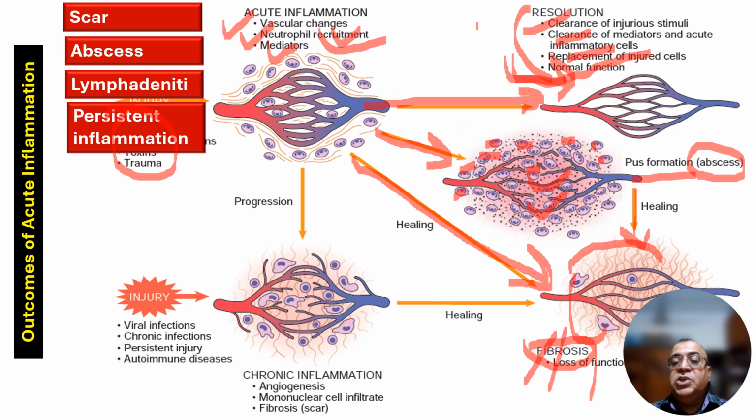Healing with regeneration, liquefactive necrosis, or healing with fibrosis are three usual outcomes of the acute inflammation.